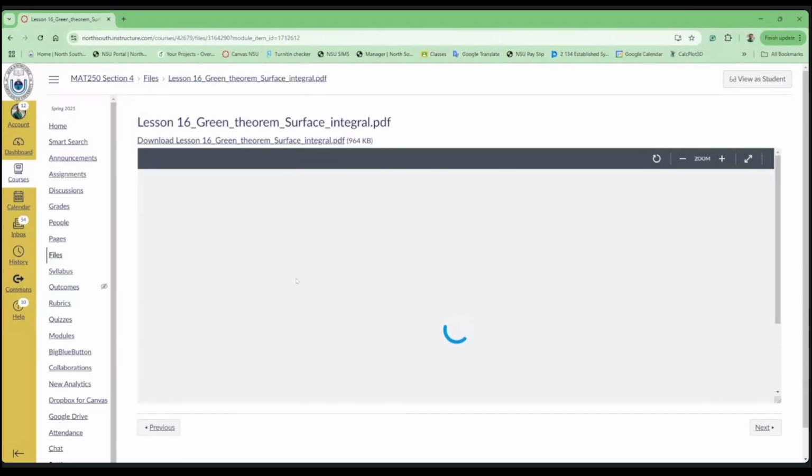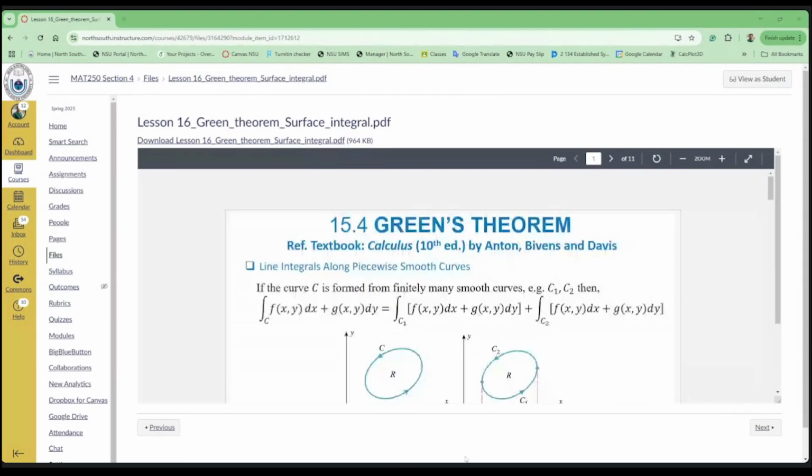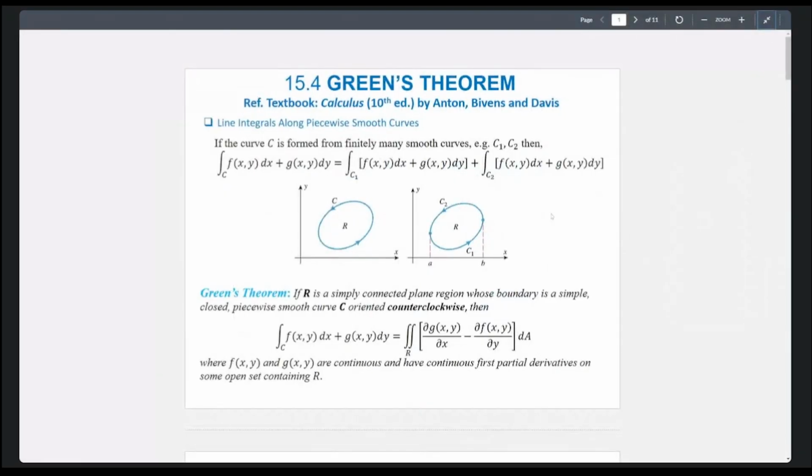Here is the Green's theorem. So what is the statement of Green's theorem? The statement tells us about this formula you're familiar with, f(x,y) dx plus g(x,y) dy.